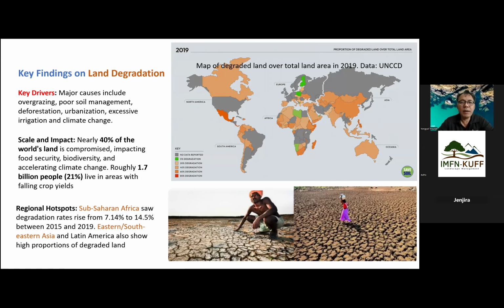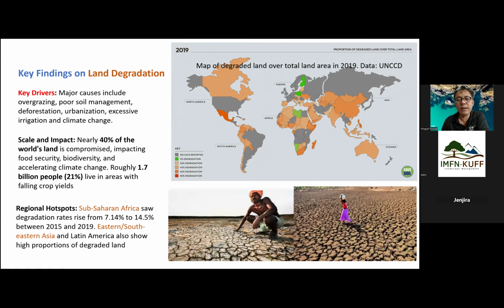UNCCD, they also have the regular meeting for a conference of the parties or the party members, and they gather information and consolidate the report. So the map is showing the proportion of the degraded land on the total agriculture. So the red one shows a very high percentage of land degradation, and the gray one shows no available data.